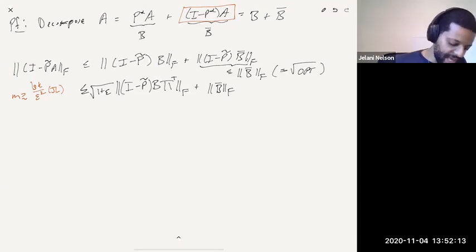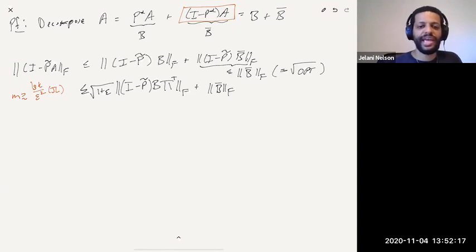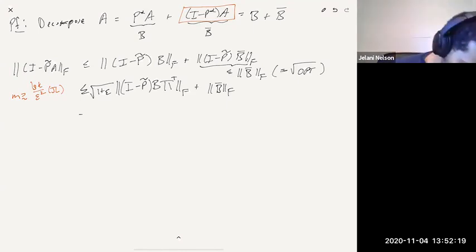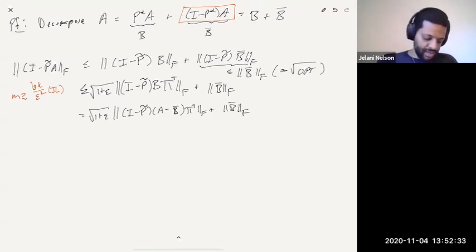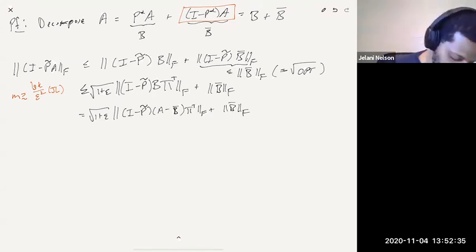And then I'm going to write that B is equal to A minus B bar. So this is equal to root 1 plus epsilon (I minus P tilde) A minus B bar, pi transpose, Frobenius norm, plus B bar. Now I want to collect like terms.